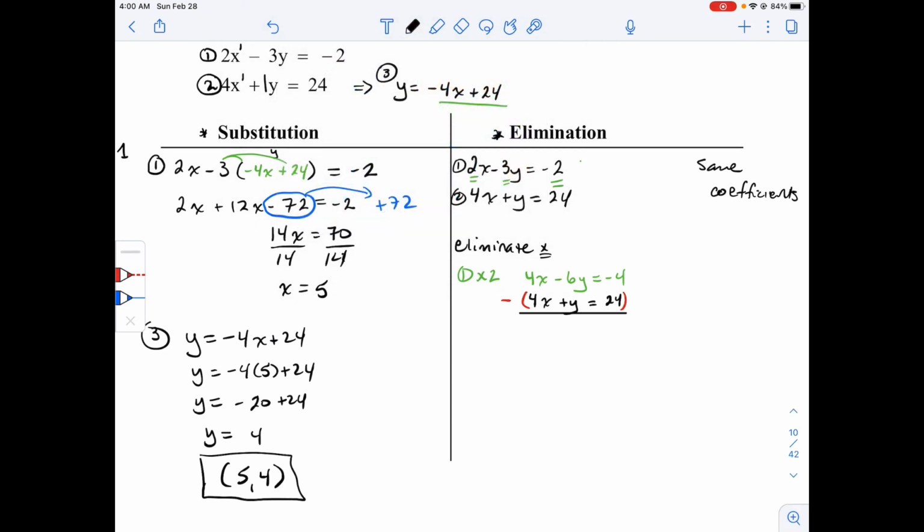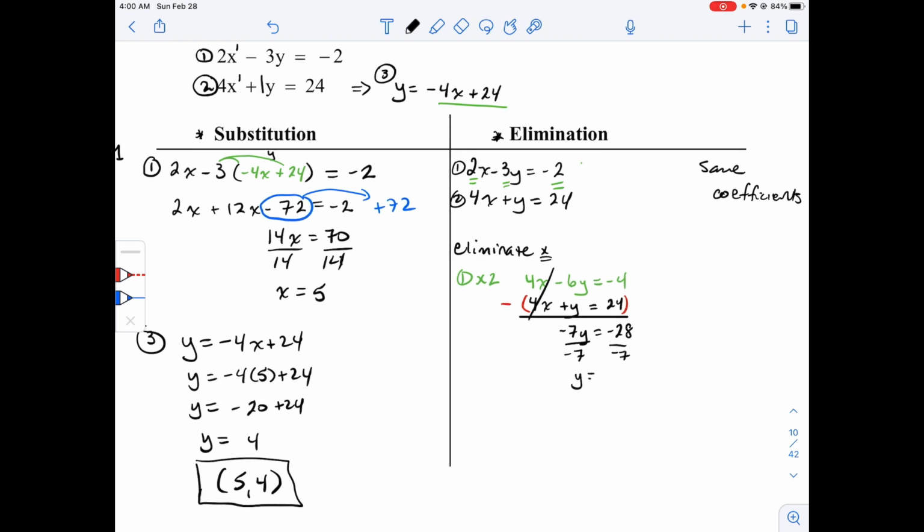And I get a 4x minus 4x is, of course, 0. And negative 6y minus a y is a negative 7y. Negative 4 minus 24 is a negative 28. And then we divide both sides by negative 7. And we get a y is equal to positive 4.